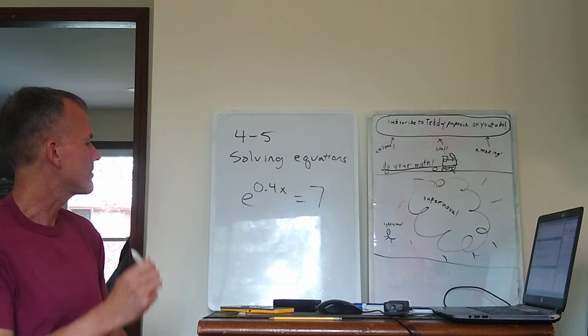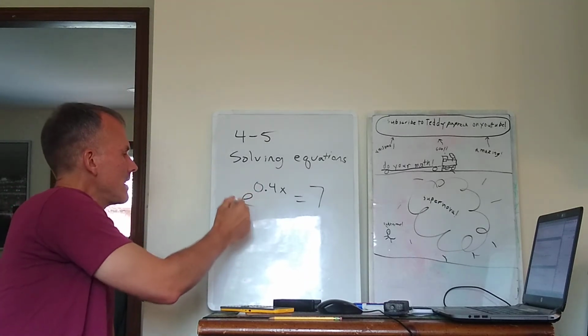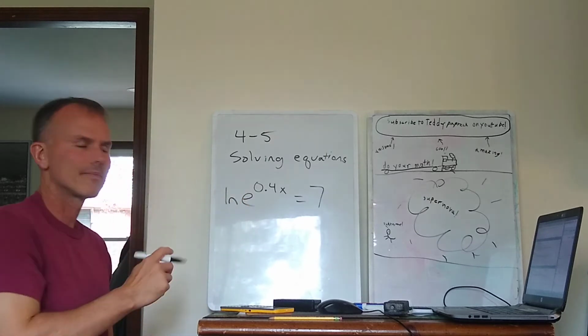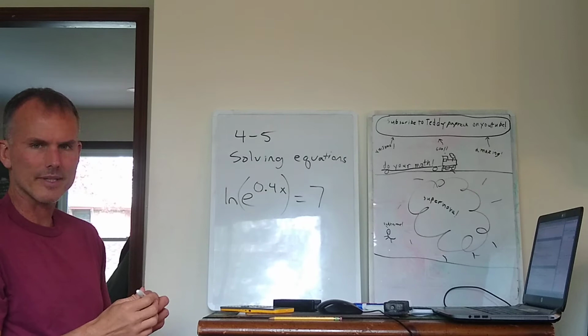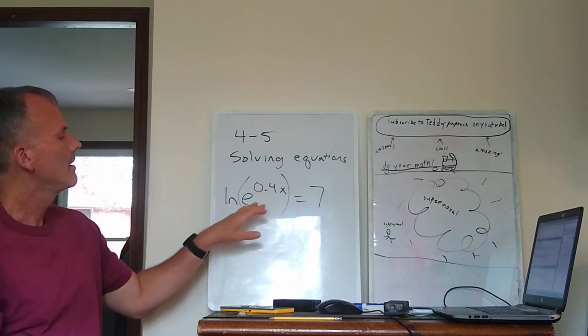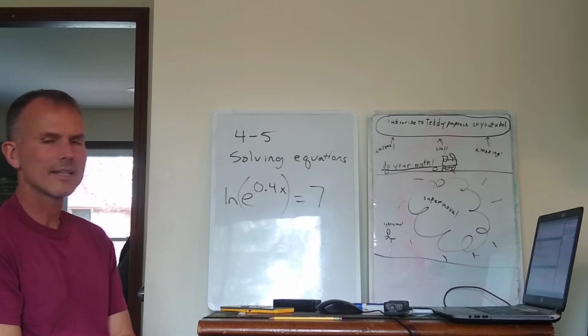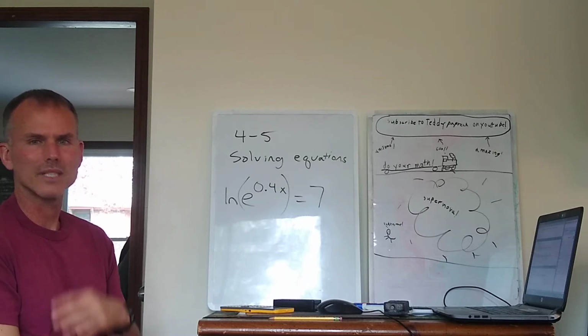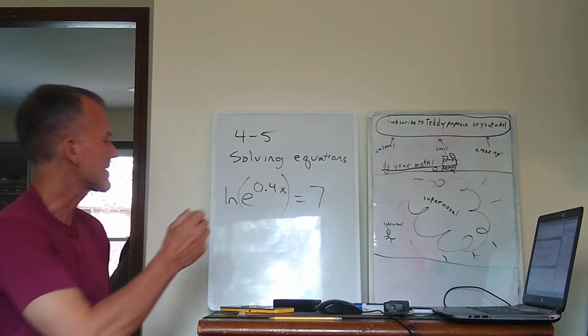Of course, what I'm going to do here is to undo this exponentiation to base e. I'm going to take a natural logarithm of this expression right here, on the left-hand side of that equation. Now, to keep things balanced, whatever I do to one side of an equation, I'm going to have to do the same thing to the other side.